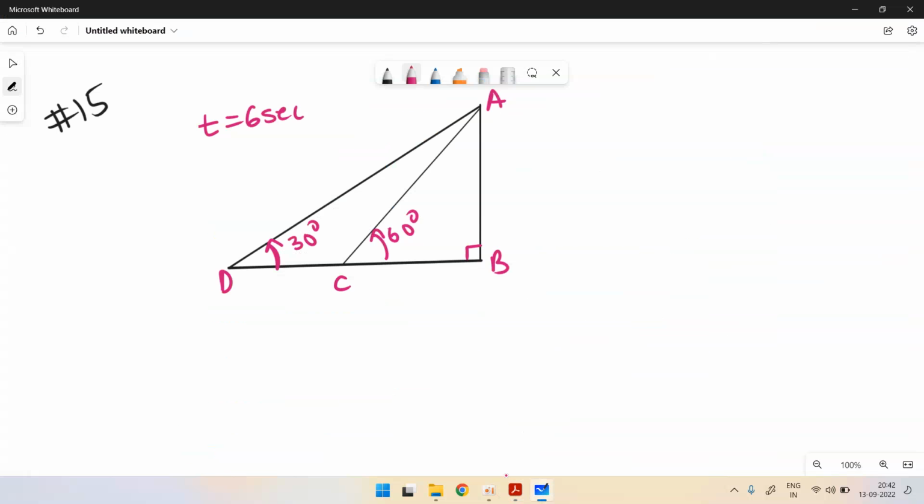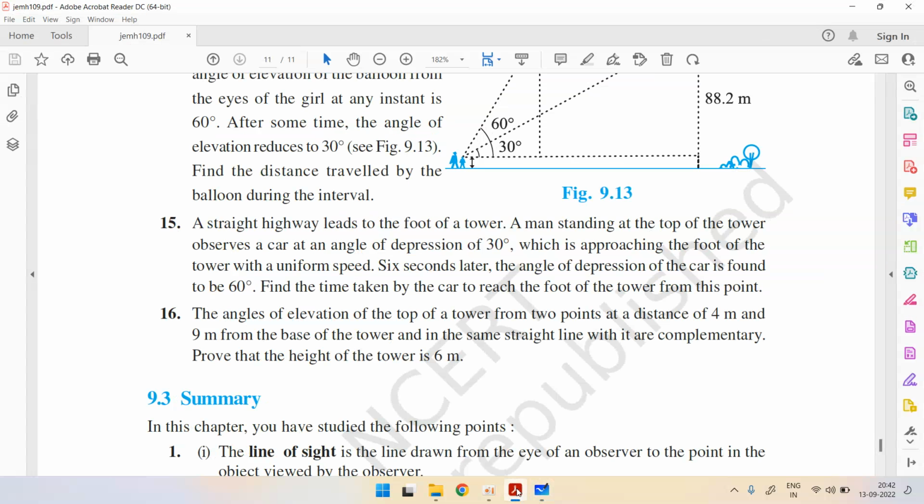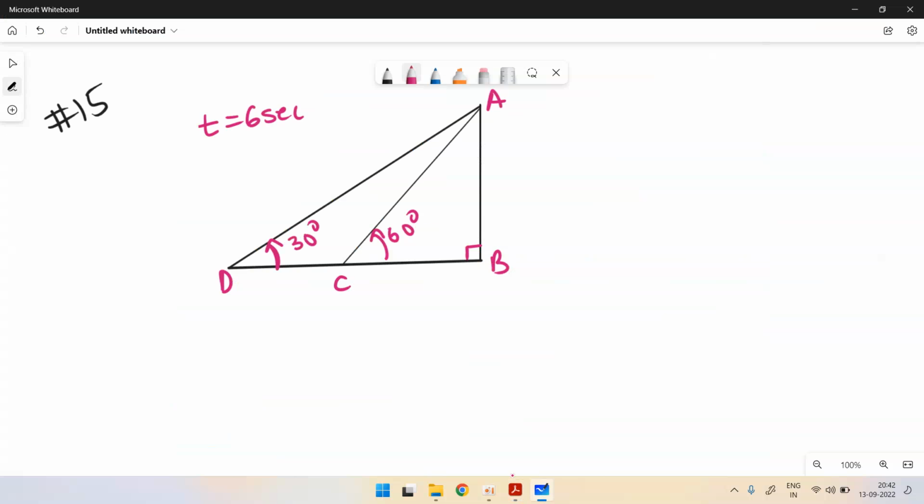From point C, how much time will it take to travel to point B, the foot of the tower? The height of the tower and the speed are not given, and only the time needs to be found.